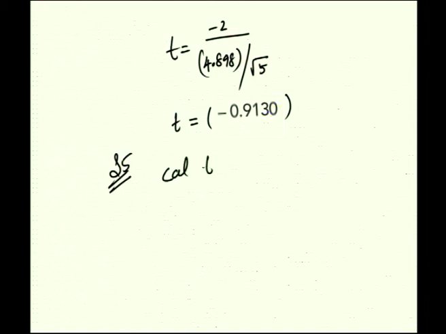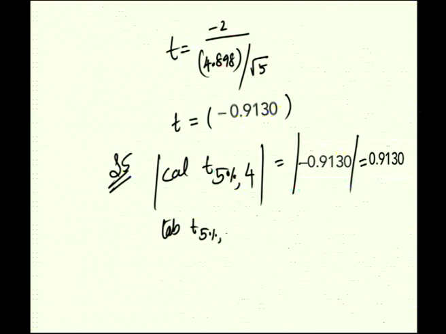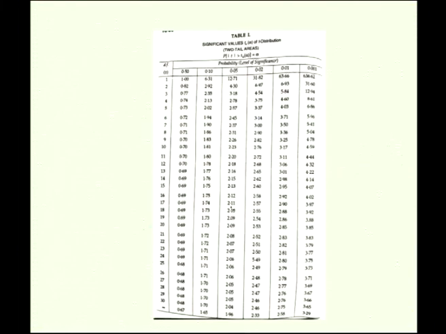So, calculated t at 5%, 4 degrees of freedom is given to be equal to modulus of minus 0.9130, which is 0.9130. Then tabulated t at 5%, 4 degrees of freedom, we have to see from the tables.